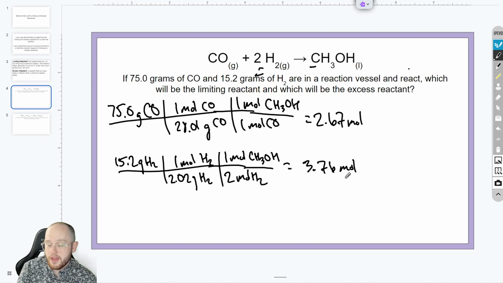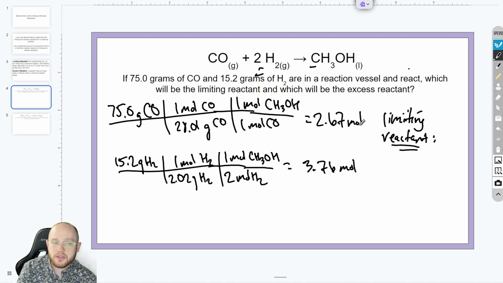However, remember, the limiting reactant limits how much you can get. So it is going to correspond to the smaller number. So the limiting reactant is the reactant corresponding to the smaller number, which is 75.0 grams of carbon monoxide. So carbon monoxide is your limiting reactant.